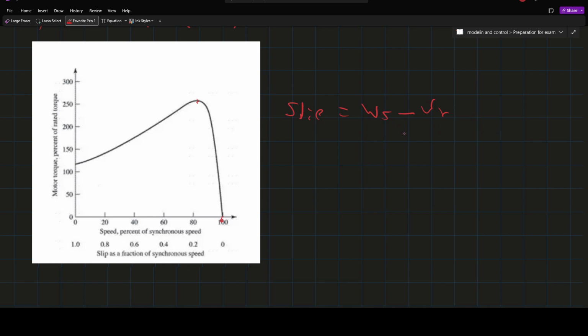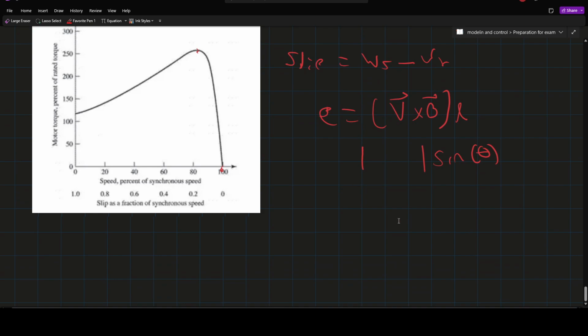But another way of saying it is that we have the two magnetic fields rotating, and the EMF is equal to the velocity times the magnetic flux density times the length of the conductor. So here we are going to have the multiplication of the magnitudes times sine of theta. So if theta is 0, this whole thing is 0, so we don't have EMF induced. If we don't have EMF induced, there is no current in the rotor, and if there is no current in the rotor, there is no magnetic field, so there is no rotation.